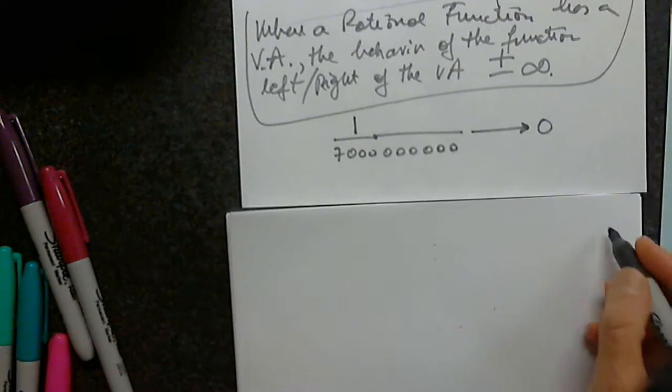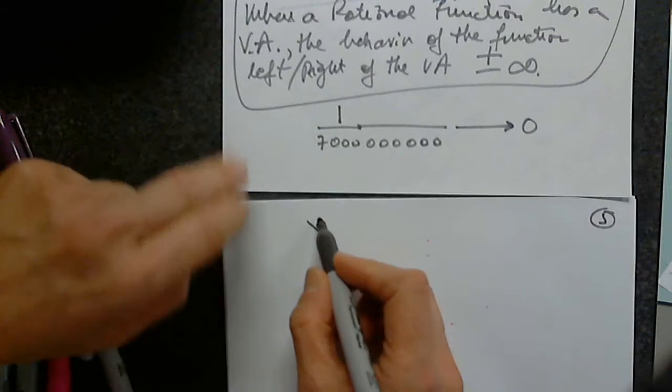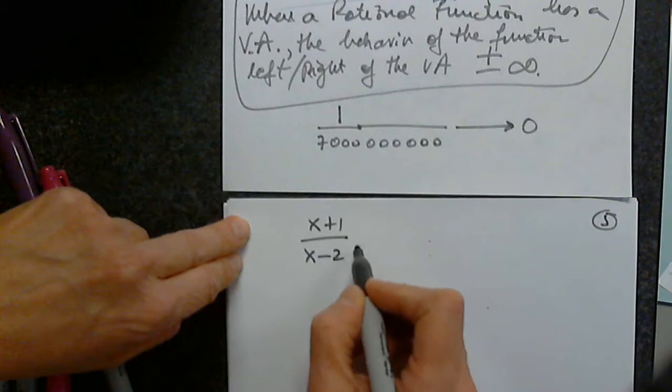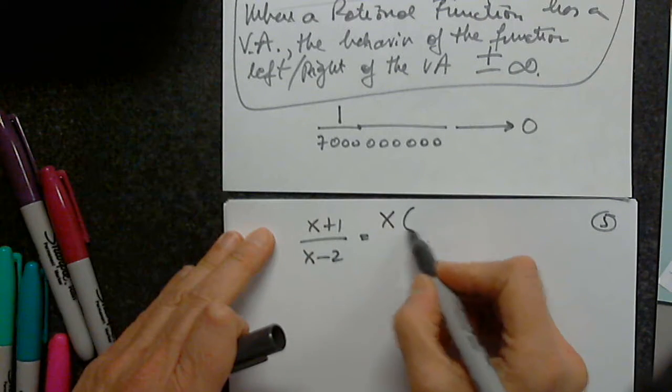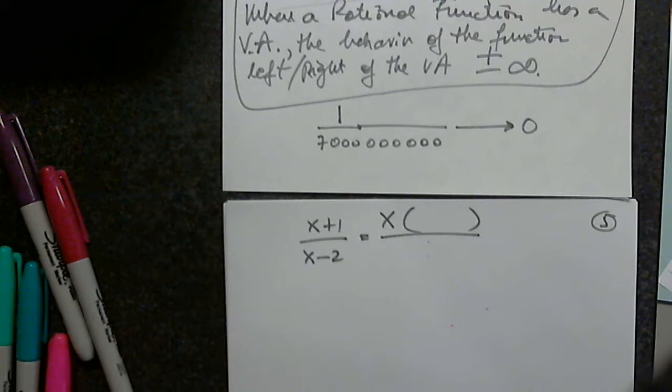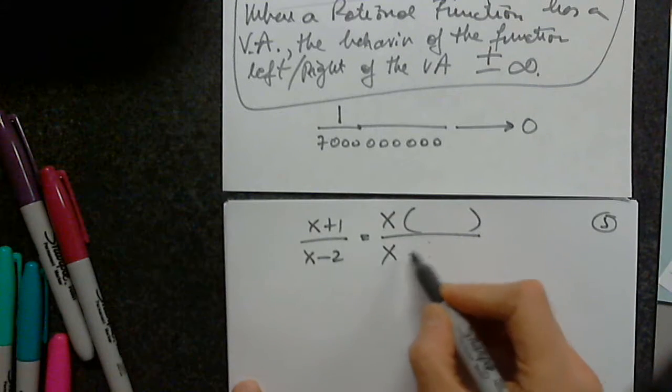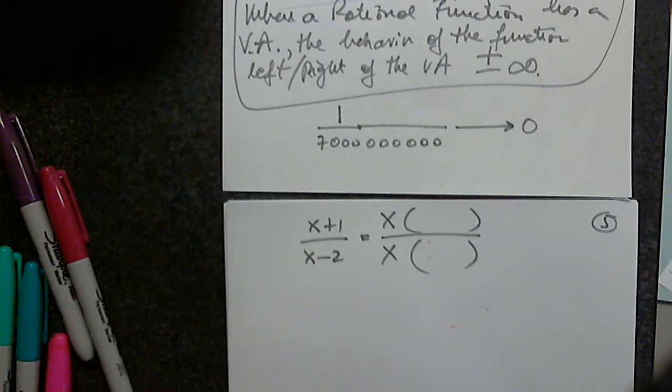Because of course I'm looking for the end behavior here. So here's our function one more time, x plus 1 over x minus 2. And you already observed that it's the same degree over the same degree. What is the degree of the top? 1. I want to factor it out. What is the degree of the bottom? I want to factor it out. How many terms are left inside?